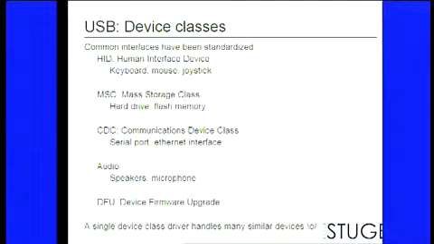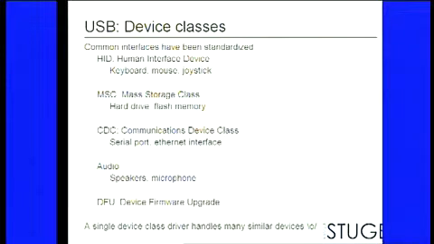So maybe the human interface device class is the most common one, for keyboards and mice and joysticks and so on, buttons and displays. Mass storage class for hard drives, portable hard drives and flash memory sticks and so on. The communications device class has serial port, Ethernet and more. Audio.